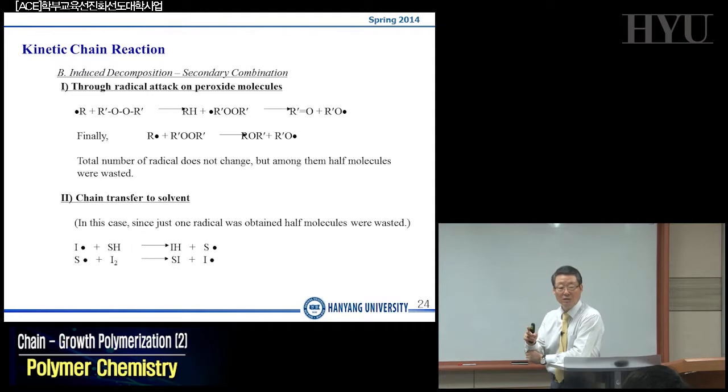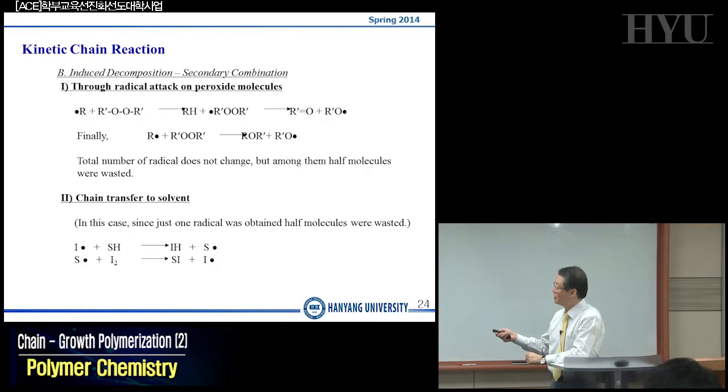But if I dot, instead of attacking the monomer, attacks the initiator, for example here, it takes the hydrogen and forms the dead end species, and you have a radical.